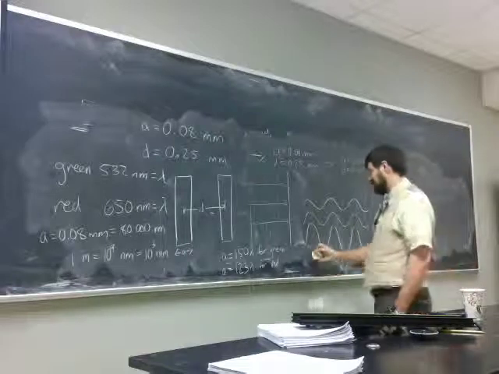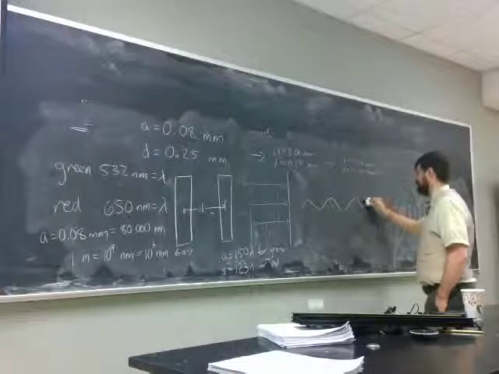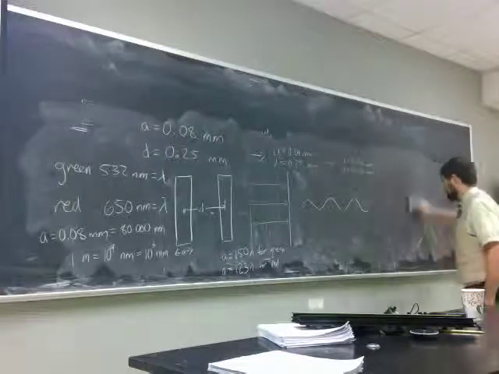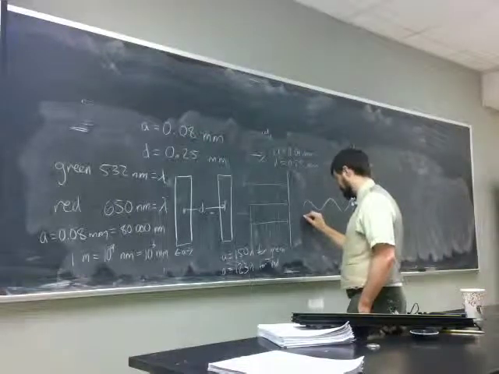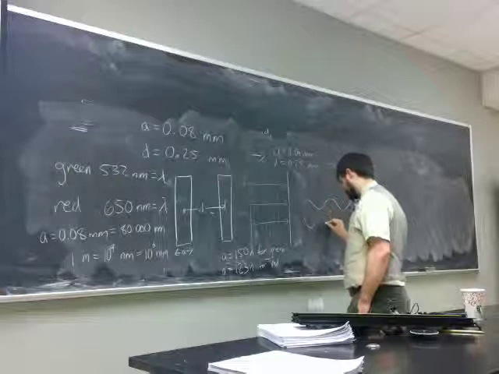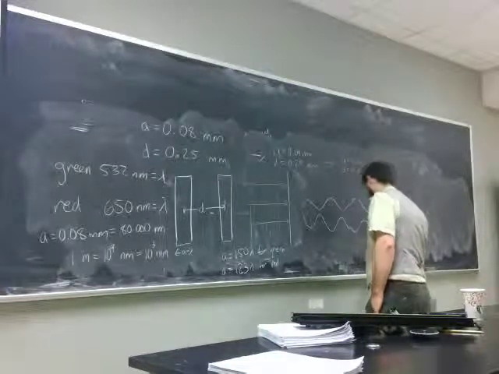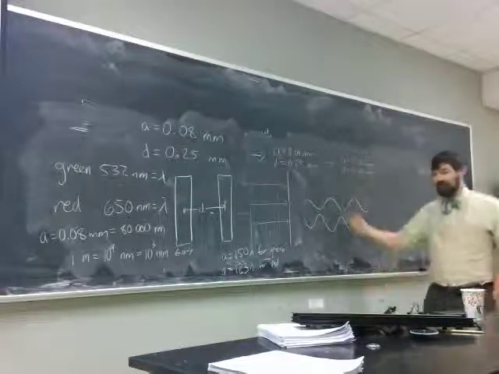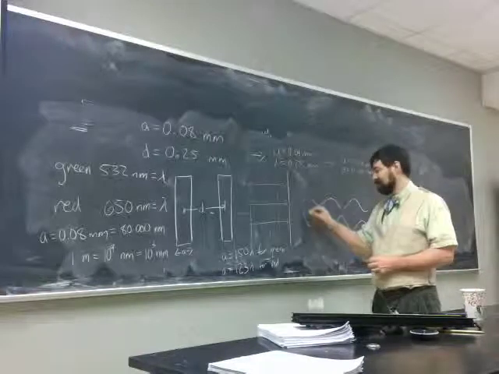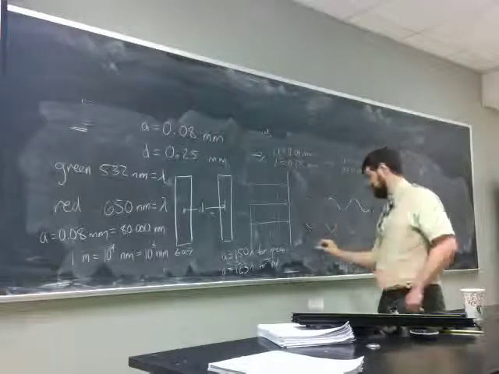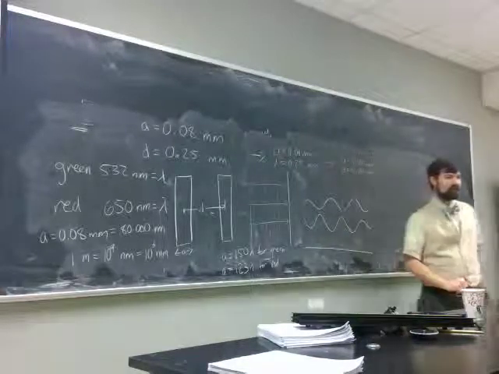All right. You can also have them arrive out of phase with each other. Out of phase means they arrive looking something like this. When you add these two together, peak and trough gives you 0, trough and peak gives you 0, etc. You get something like this.